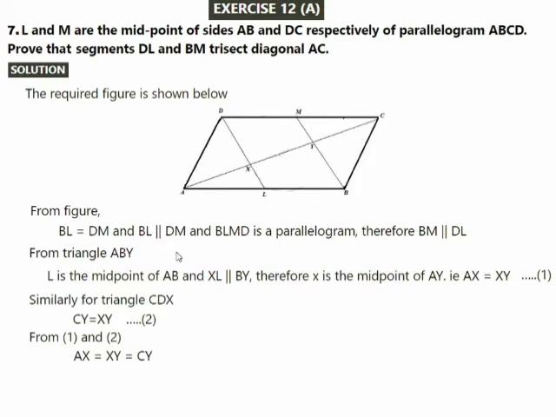What is the meaning of that? It means that the segments DL and BM trisect the diagonal AC. Hence we can write AC as AX plus XY plus CY. So we have proved whatever is asked. You may pause the video and note down your solution.